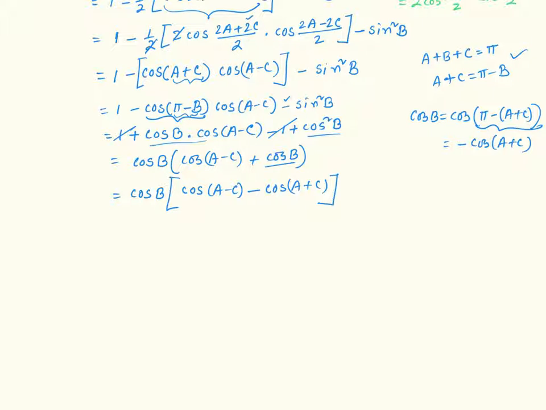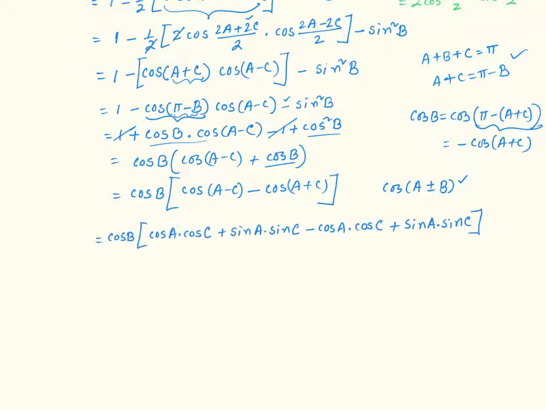To simplify this, we are going to again use another trig property. Remember, the cosine of A plus or minus B formula. That's the formula that we are going to use. Now, if we use that formula, we get the following. Let me break it down for you.